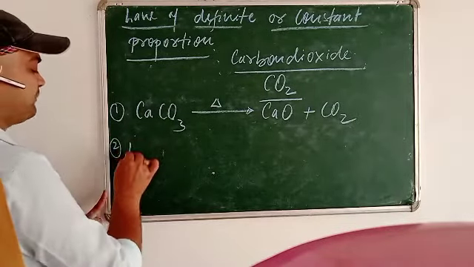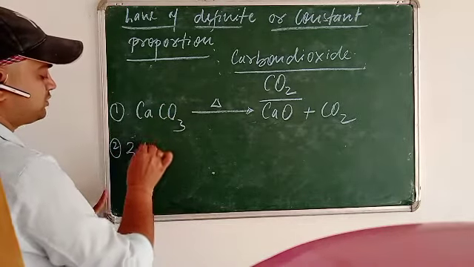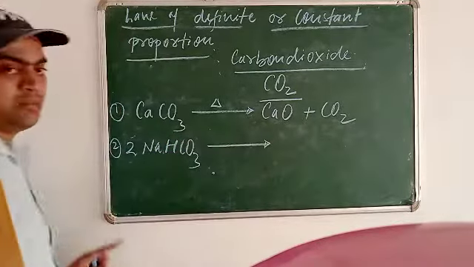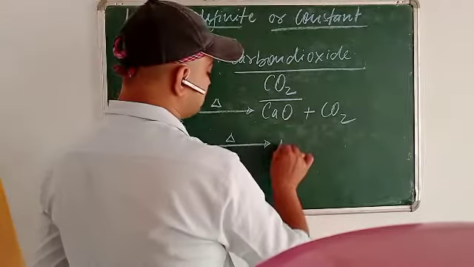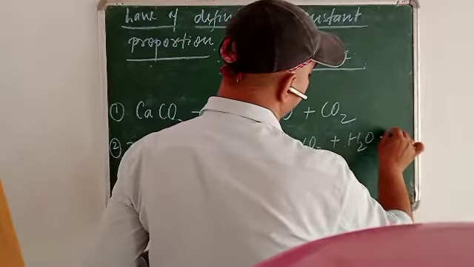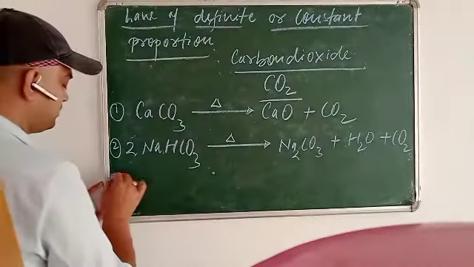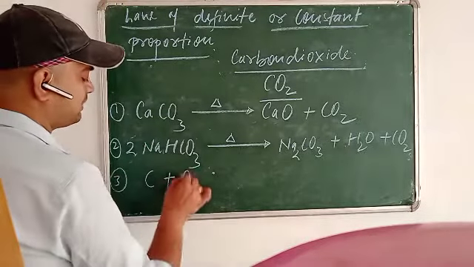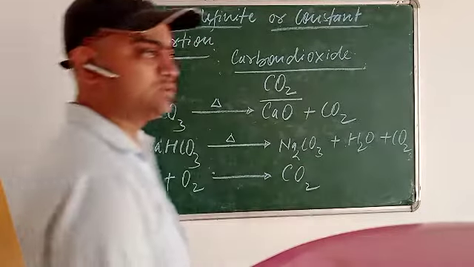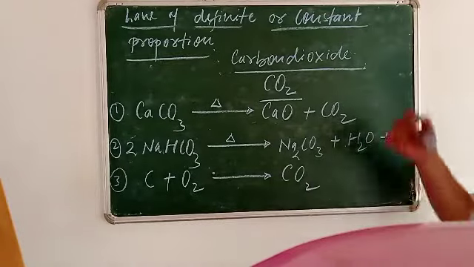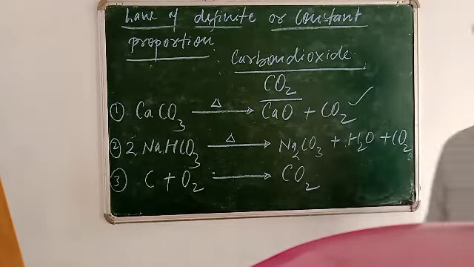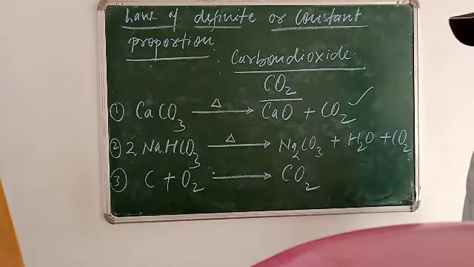The second method is heating sodium hydrogen carbonate, which gives sodium carbonate, Na2CO3, water and carbon dioxide. Also, after the combustion of carbon we get carbon dioxide. Another source is respiration. These are some important sources of carbon dioxide in our surroundings.